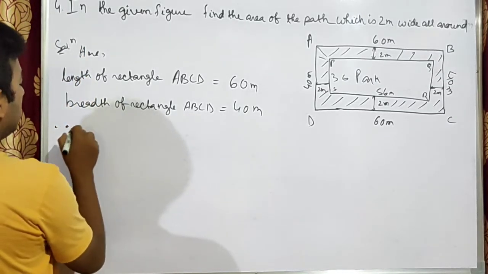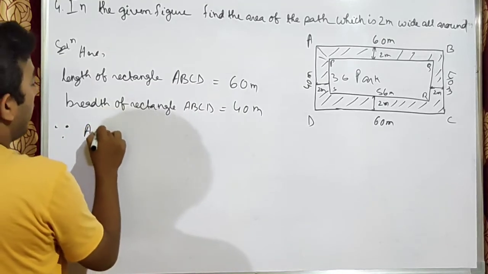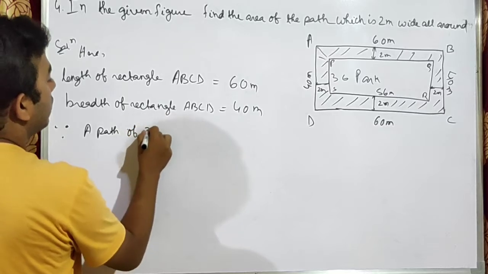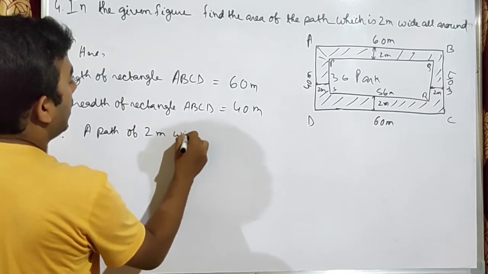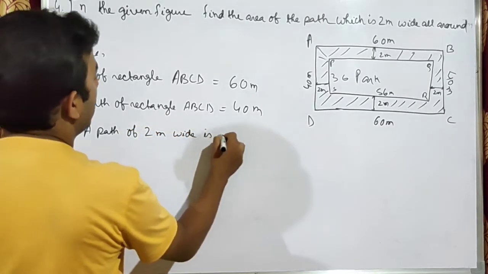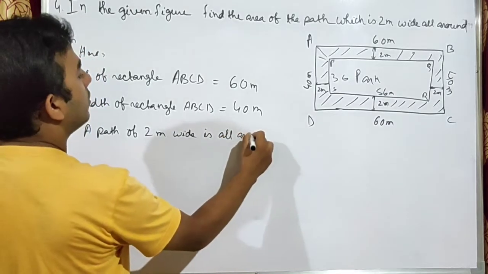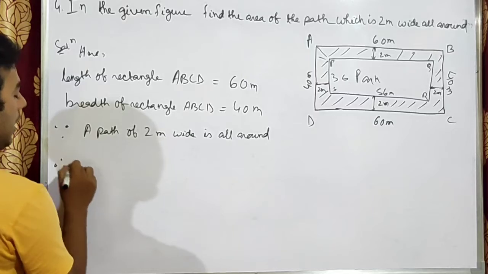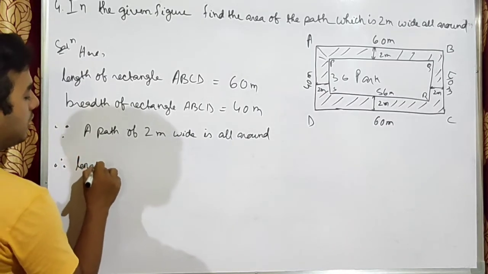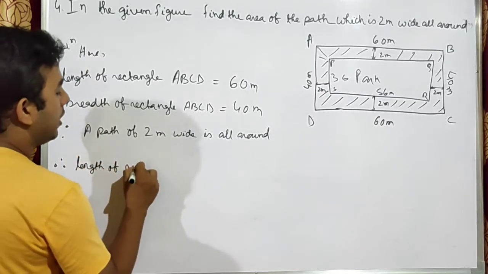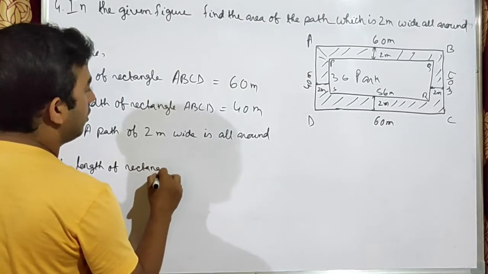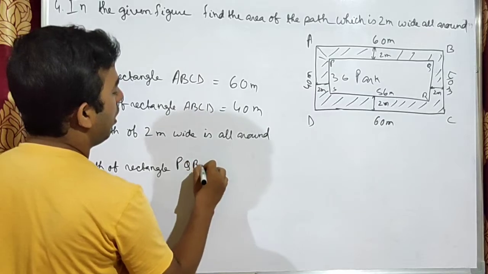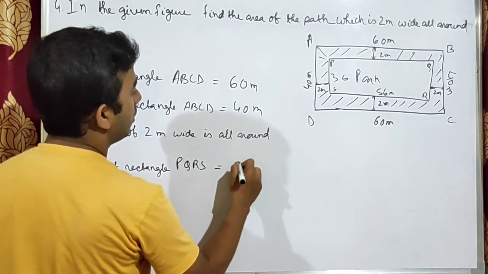Let's look at the board. Since a path of 2 meter wide is all around, therefore length of rectangle PQRS equals, what will be the length?